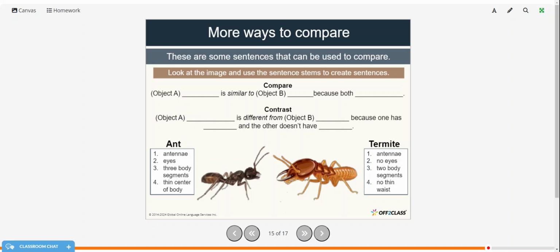An ant is different from a termite because one has 3 body segments and the other has 2 body segments. And an ant is different from a termite because one has a thin waist and one has no thin waist.